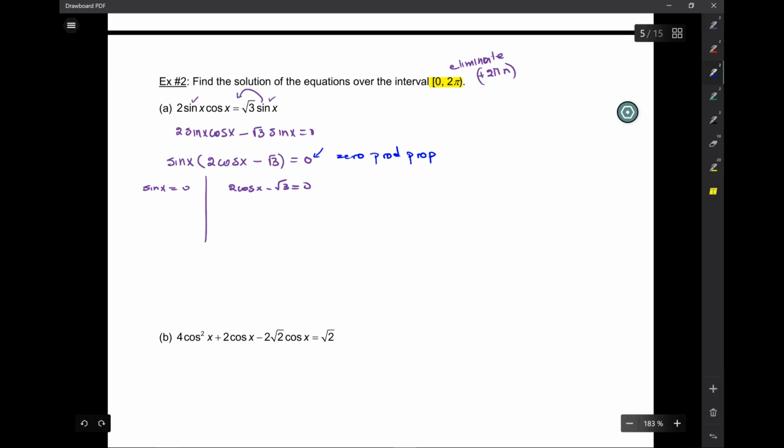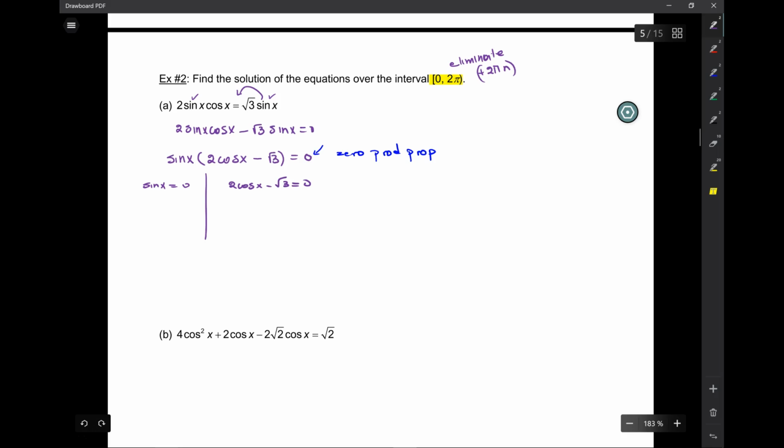Now here, for what values is sine of x equal to 0? If we're on the unit circle, sine of x is the y. It's equal to 0 here and here. So x is 0 and pi. This one is another mini equation that I need to solve. So 2 cosine x is root 3.